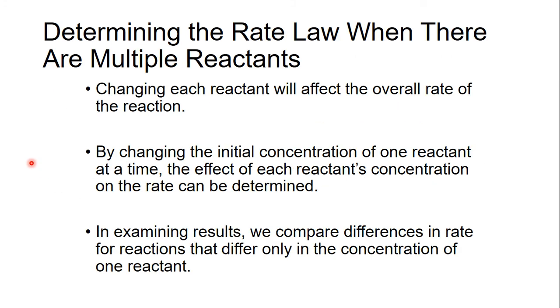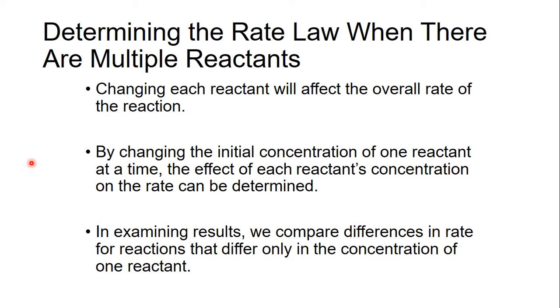If you want to do this for multiple reactants, it's just like what we talked about. You have to determine the rate order experimentally. To do this, you hold one reactant's concentration the same while varying the second concentration and measure the rate.